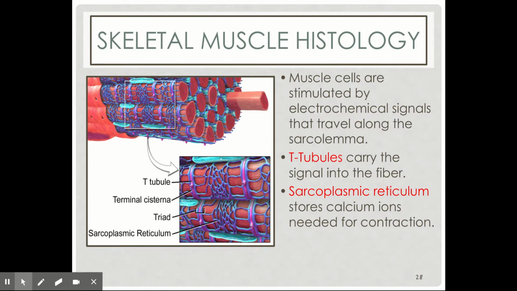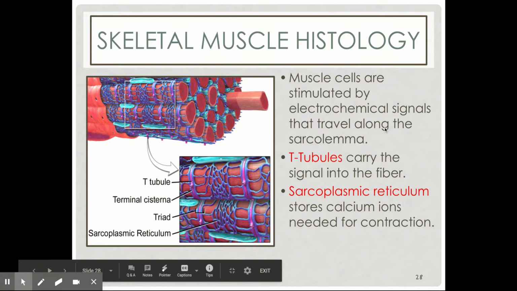Now, the way that your muscles are going to contract is from an electrochemical signal. Your nervous system, your neurons, are directly connected to your skeletal muscle. The only way that your muscle will be able to actually contract is from an electrochemical signal.